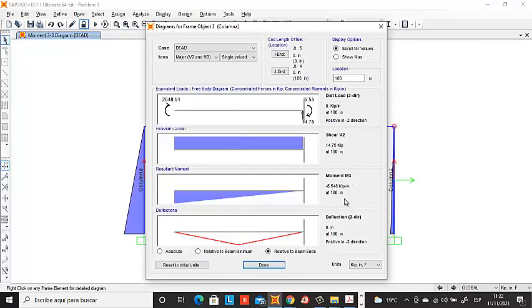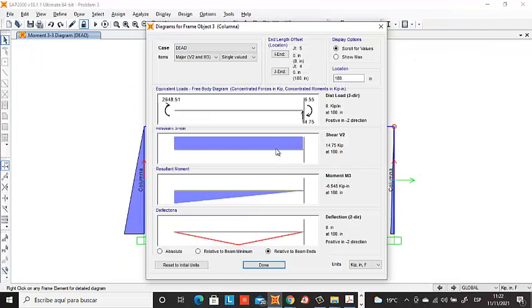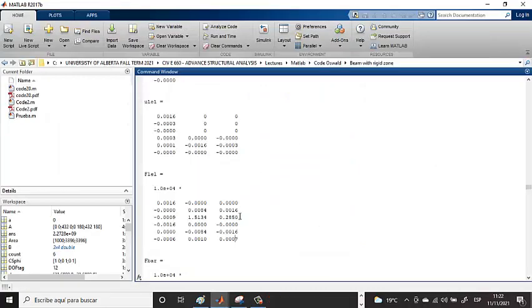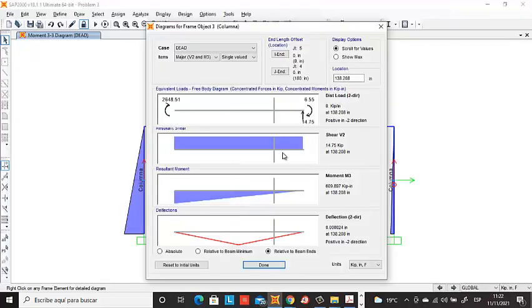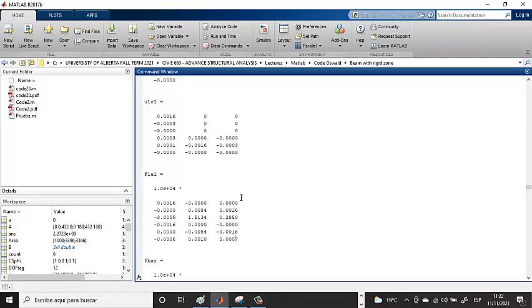And here is 6.5, almost 7, right? The shear forces are almost the same, here is 16, and there it's 14.75. We can have some difference because the moment of inertia is calculated by the section that I introduced to SAP. But in general, the results are almost the same.